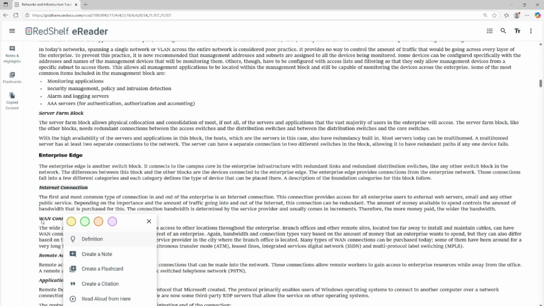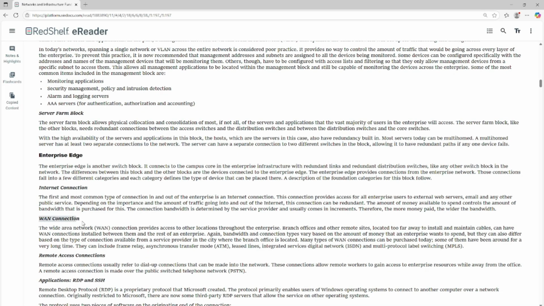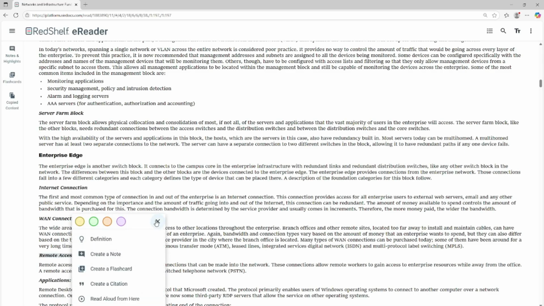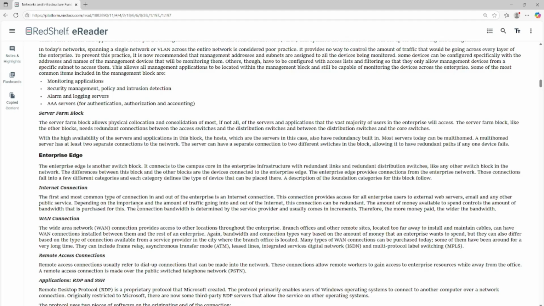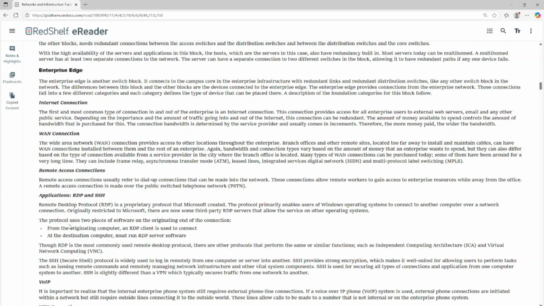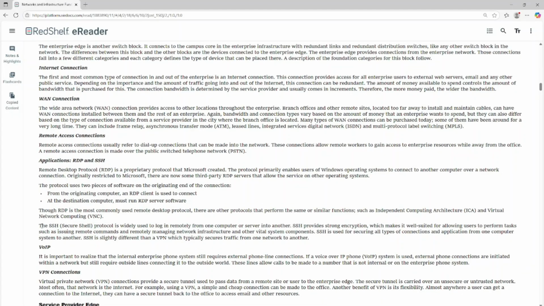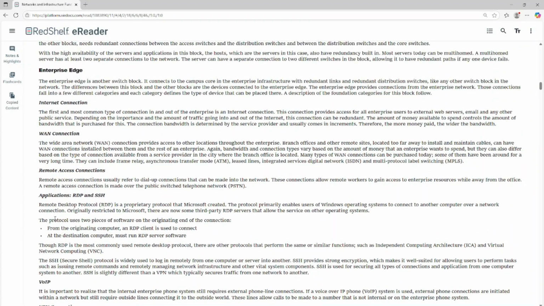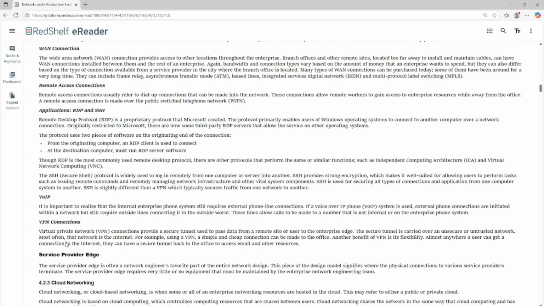It also helps to connect business partners. So if you have business partners out there that intend to connect using VPN, or employees that are working remotely and want to access sensitive documents, they need VPN and WAN and all that. So that's the enterprise edge. Voice over IP, VPN, like I mentioned.